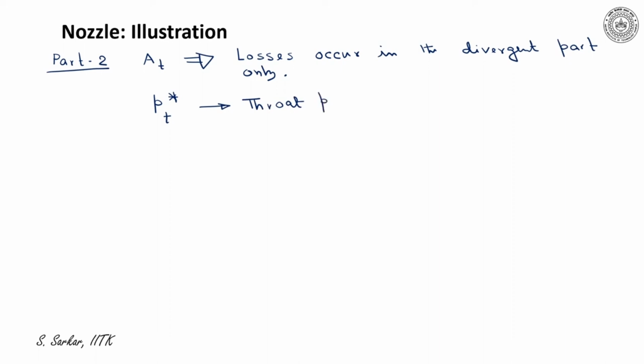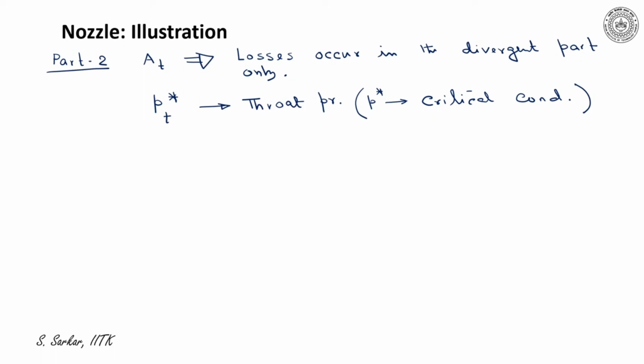When I put a star, that represents the critical condition. Do you remember that? So PT star is the throat pressure at critical conditions.